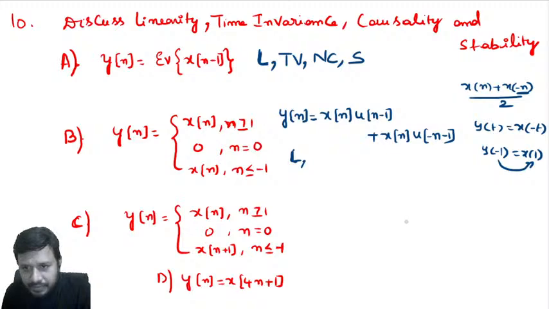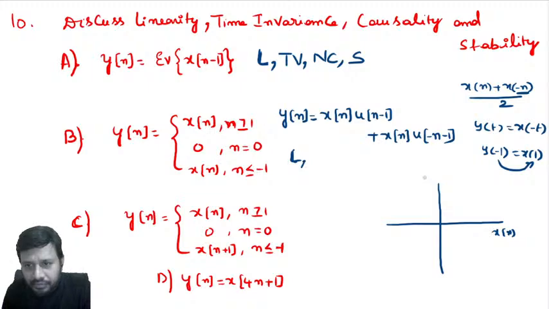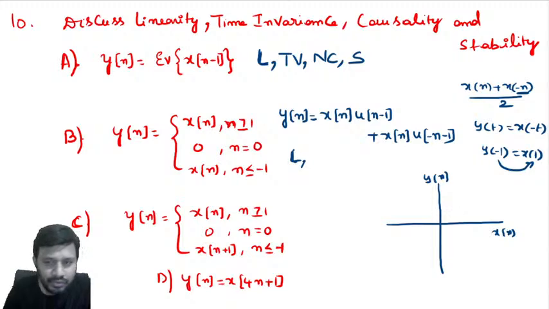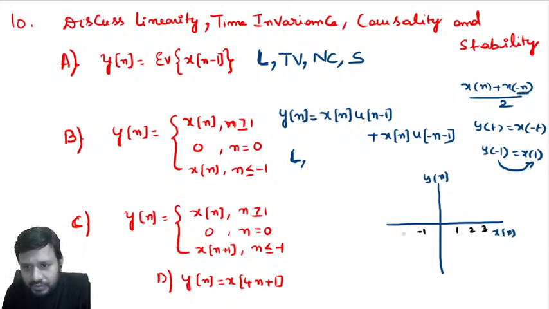Look here. x of n, y of n. n greater than or equal to 1 means from 1. So 1, 2, 3, minus 1, minus 2, minus 3. You have to do experiments. So if x of n is 1, y of n is 1, because for n greater than or equal to 1, x of n is y of n. This is 1.